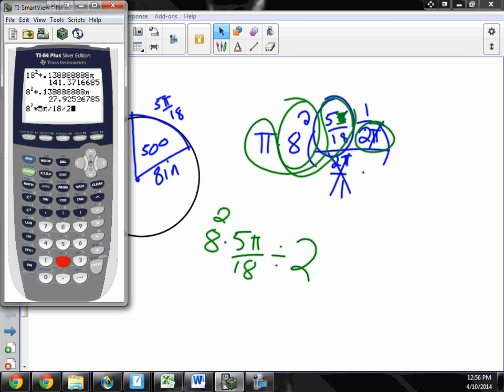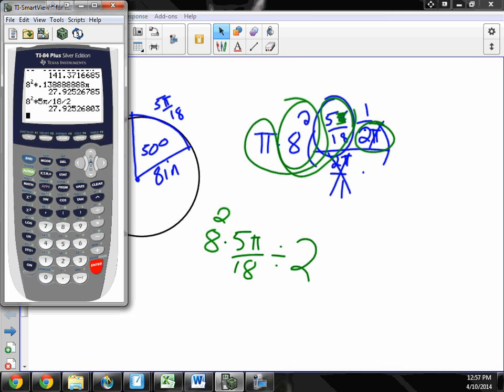But in this case, it makes no sense to have pi inches squared, so we don't need the fraction version. All you need is the decimal version. When you're dealing with arc length, you need two answers, a fraction and a decimal. When you're dealing with area, all you need is a decimal. So the area of that particular slice is 27.92, which is what we calculated the other way.